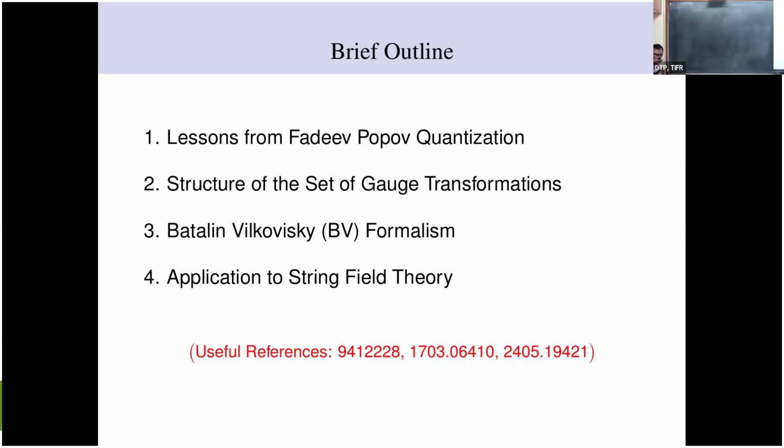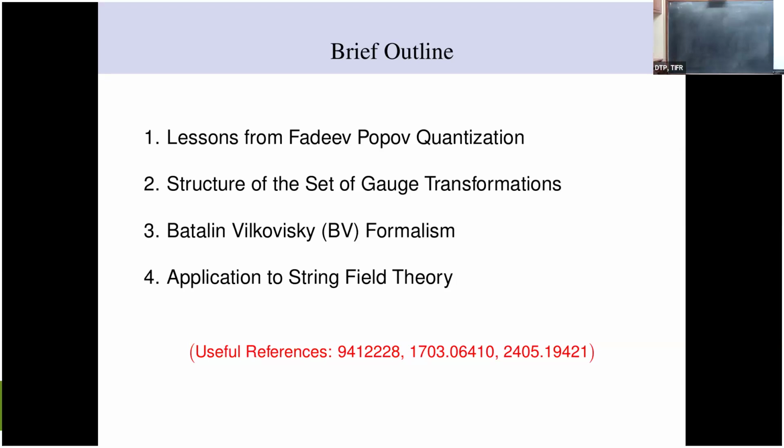Is it possible to find such a formalism in quantum field theory where I don't want to renormalize the mass? Yeah. So this BV formalism is a quantum field theory technique, and it has nothing to do with string theory. In fact, for all these 1, 2, 3, I'm not going to even mention strings.